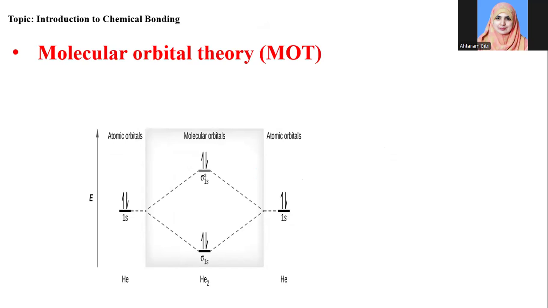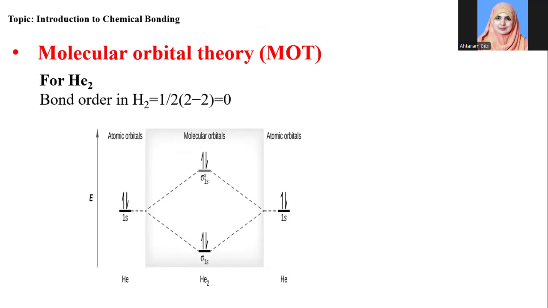Here is another example, the helium molecule. In the helium molecule, 2 electrons are accommodated in the bonding molecular orbital, while 2 electrons are accommodated in the anti-bonding molecular orbital, because helium has two electrons in its valence shell.